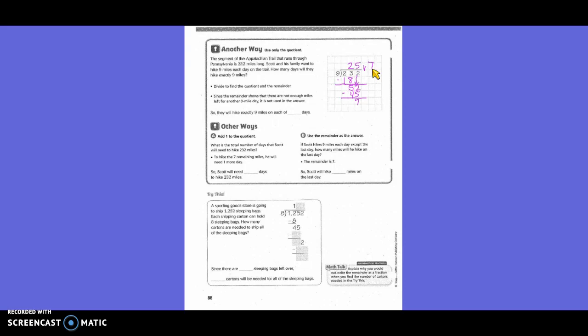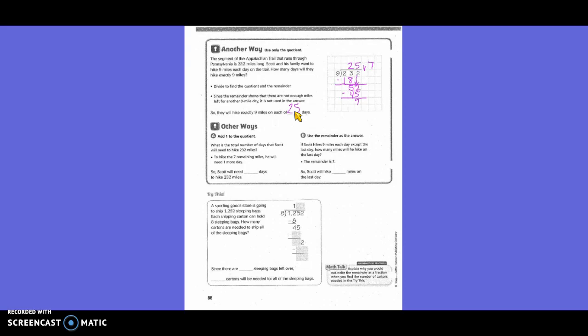So they will hike exactly 9 miles on each of how many days? 25 days. They wanted to know how many days you would hike 9 full miles. So we wouldn't use that remainder, right?